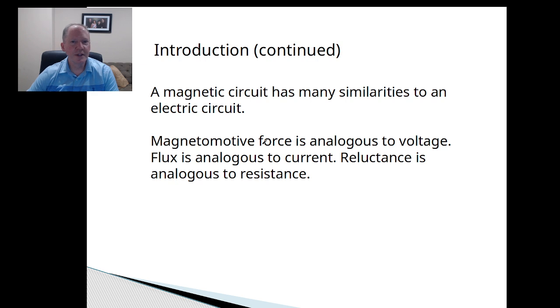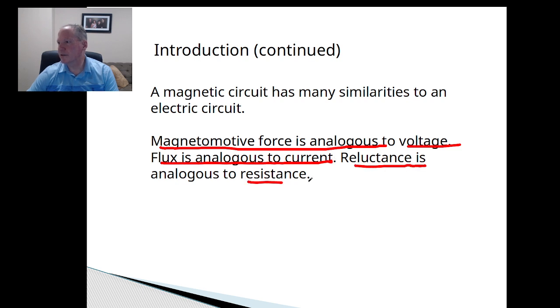and relate them to electronics. So the magnetic force is like voltage, flux is current, and reluctance is resistance.